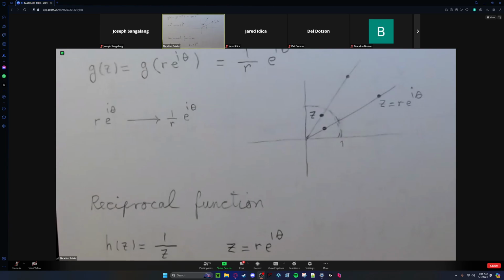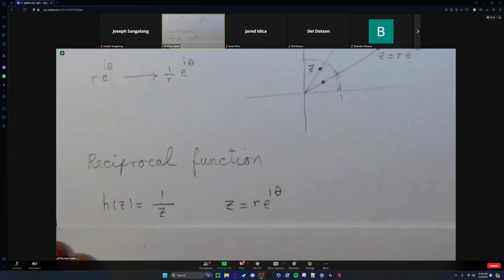So why do I need that? Because I want to consider the function 1 over z. The function 1 over z, when z is, of course, this. I plug it here. This is what we get.